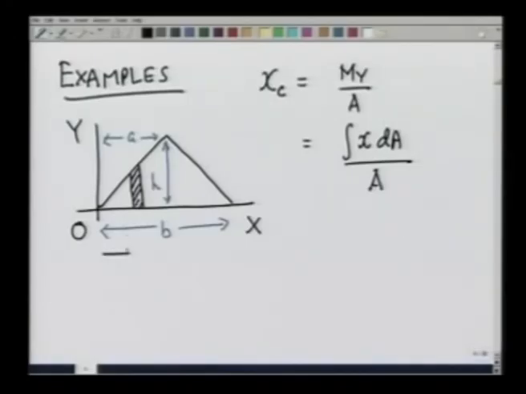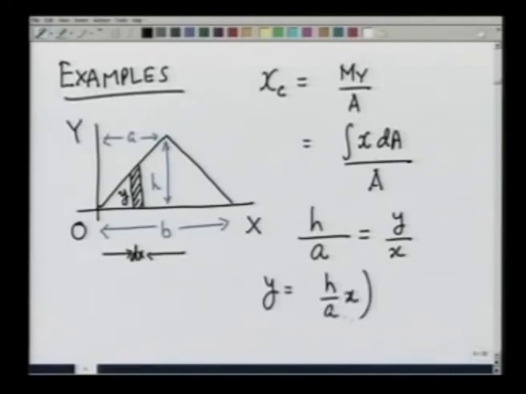This distance I will take to be dx. The height of this is y. From similarity of triangles, I know that h divided by a is going to be equal to y divided by x, and therefore, y equals h over a times x. This is true as long as x is below a.